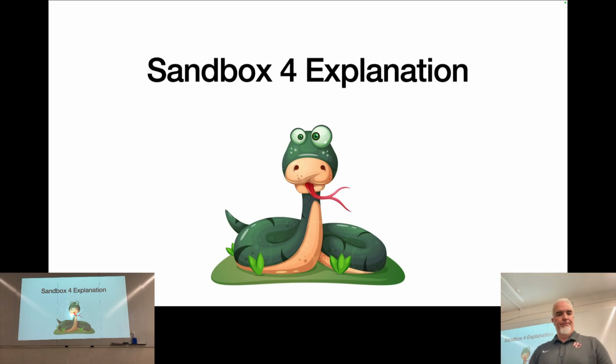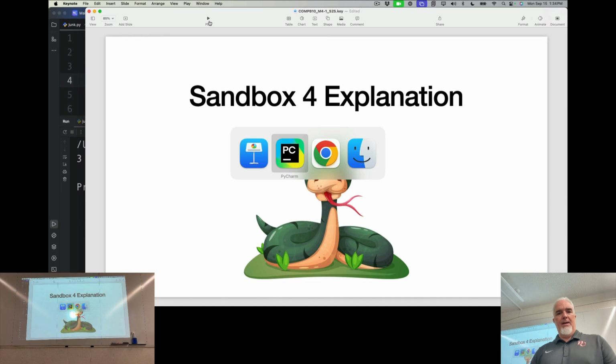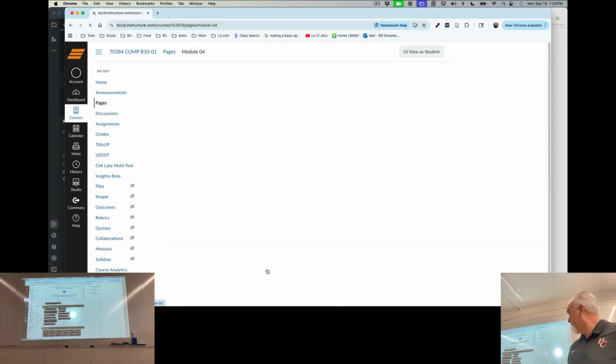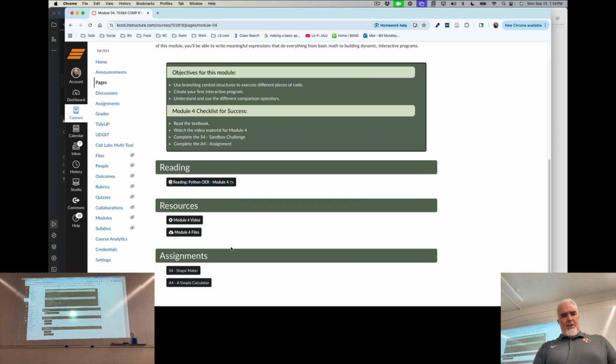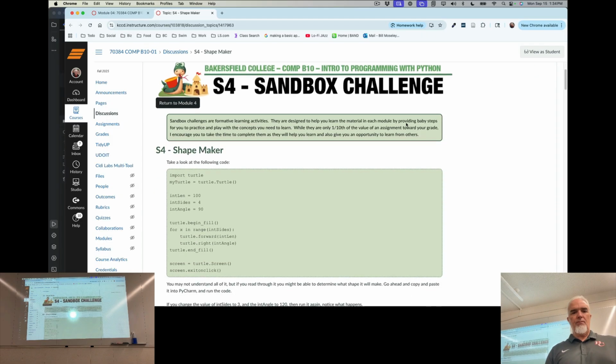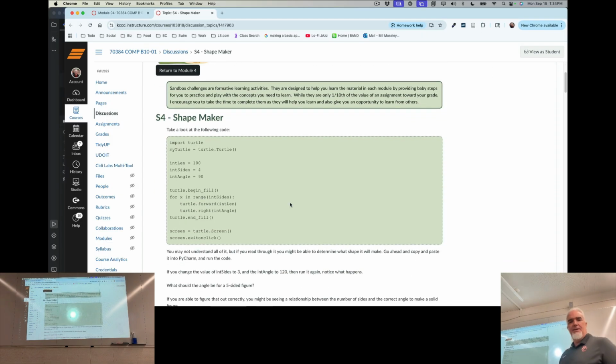So Sandbox 4. Let's take a look at Canvas. If I go to Module 4 here in Canvas, scroll down and go to S4, which is Sandbox 4, what I have is our friend the turtle is back for some more fun.